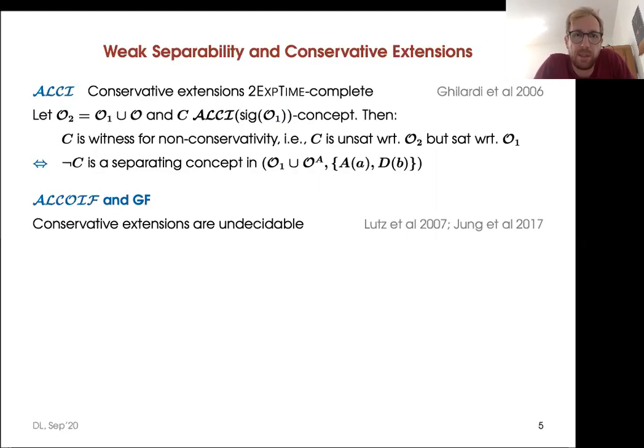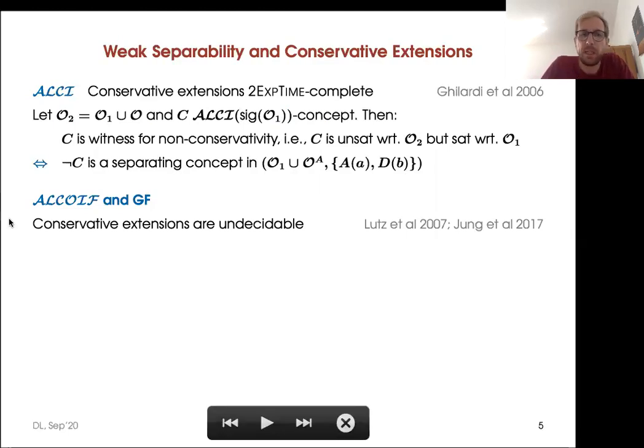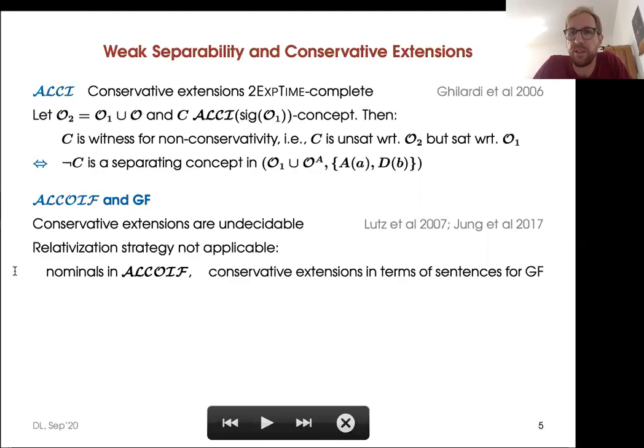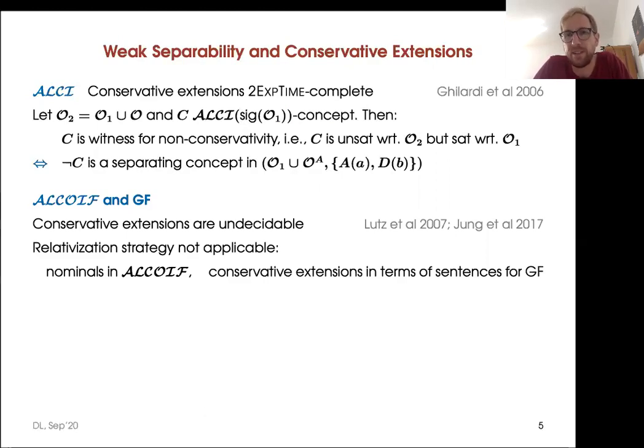We have also looked at other description logics, well, ontology languages, namely ALCOIF, and the guarded fragment. And the reason is that for those logics, the conservative extensions are undecidable. Unfortunately, this very simple proof idea doesn't work because the relativization is not applicable for ALCOIF because we have nominals, and for the guarded fragment because conservative extensions are defined in terms of sentences and not in terms of open formulas.